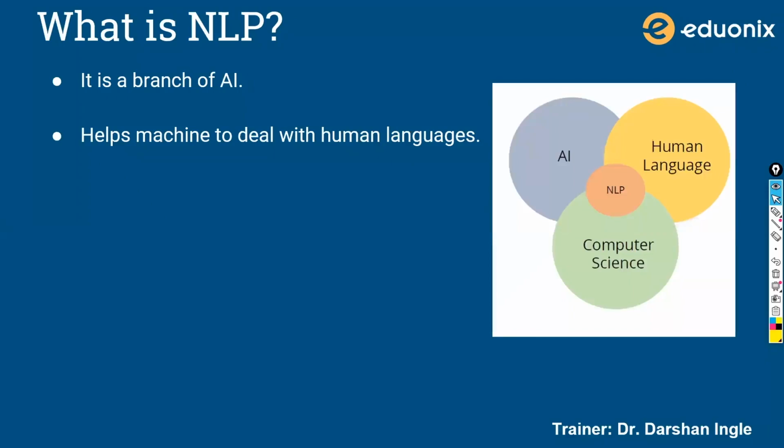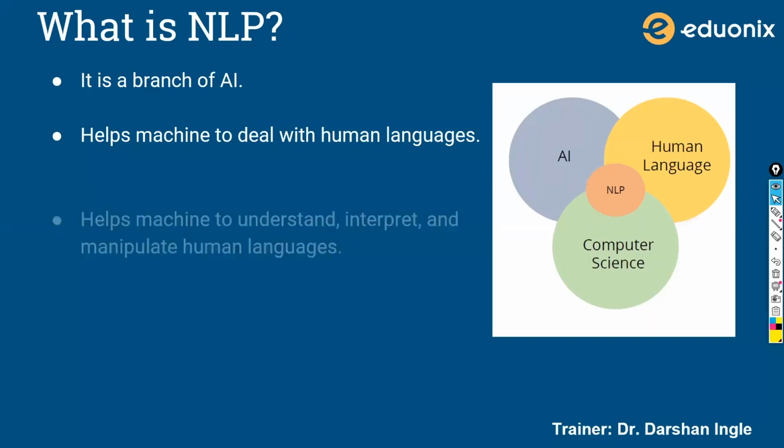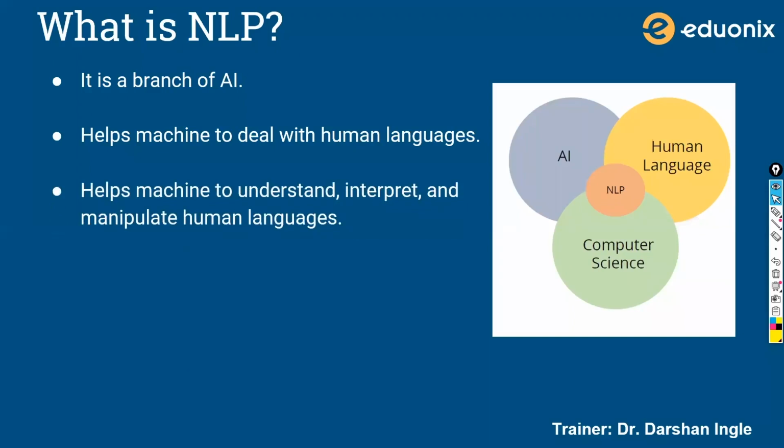It is something which sits exactly in the middle of AI and computer science, and of course the human language. Now, the advantage of NLP is it helps the machine to understand, interpret, and manipulate human languages. A very popular example is Amazon's Alexa product, right? You talk to Alexa and it does the work for us.